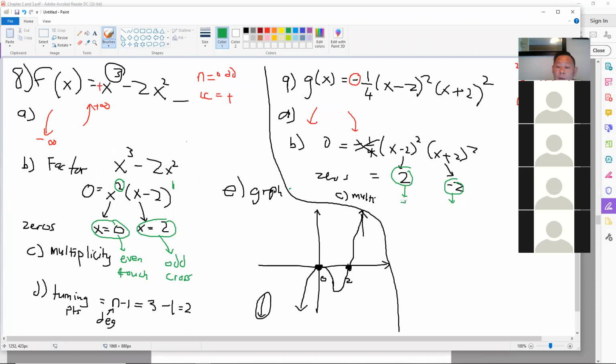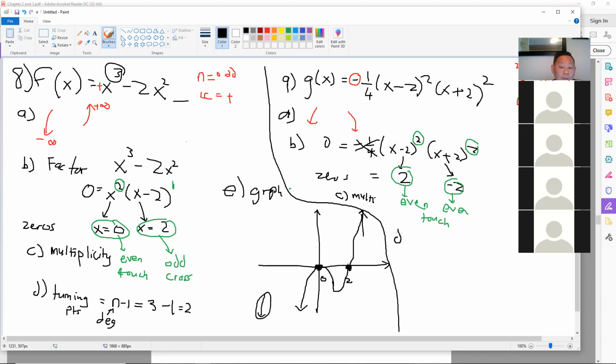Even. Yeah. Why is this even? Because of the square on the x minus 2. How about this -2? Even or odd? Even. This is also even because of the square. And since they are even, your graph has to touch.